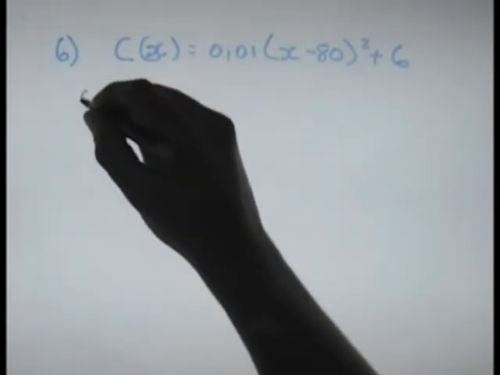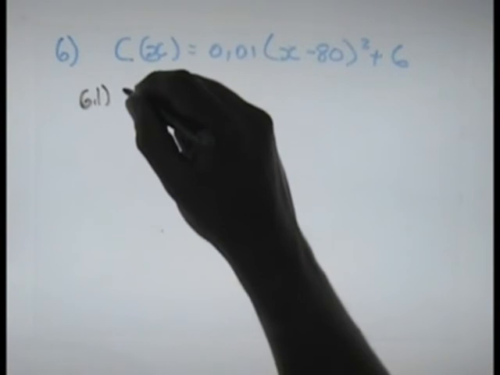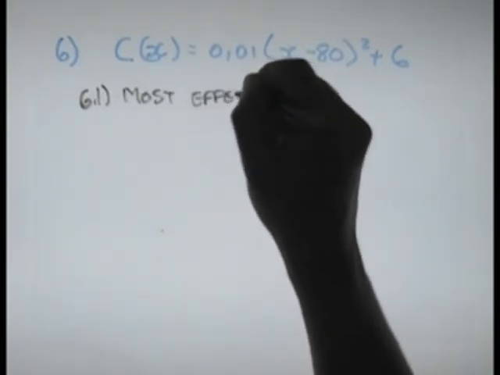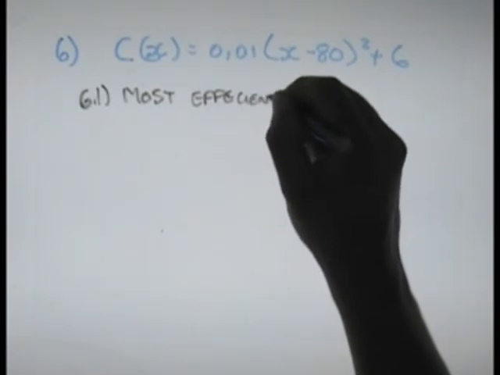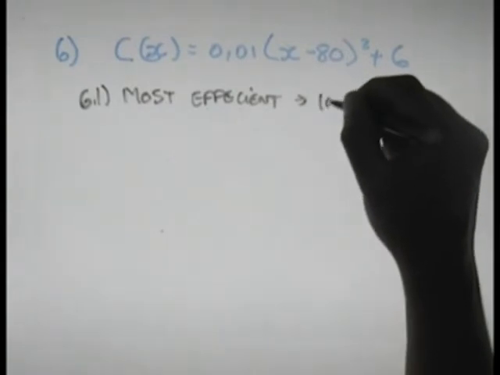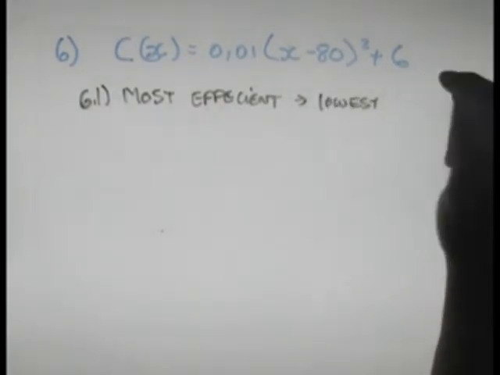I am asking 6.1, what is our optimum or most efficient speed? Basically, I am asking what is the speed at which we have the lowest consumption. Lowest consumption or lowest C(x), same thing.